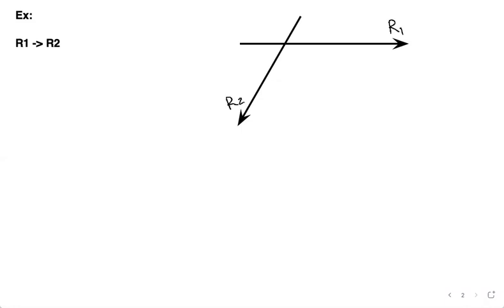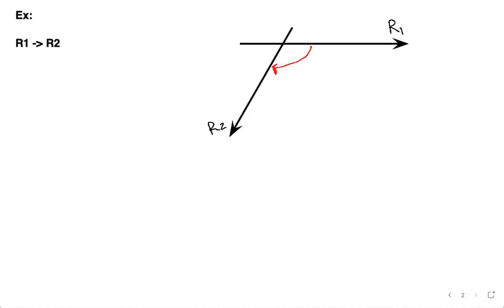First of all, we have to know the angle should be from R1 to R2. So this is my angle, because I start at R1 and I end at R2, this means the angle goes from here to here.